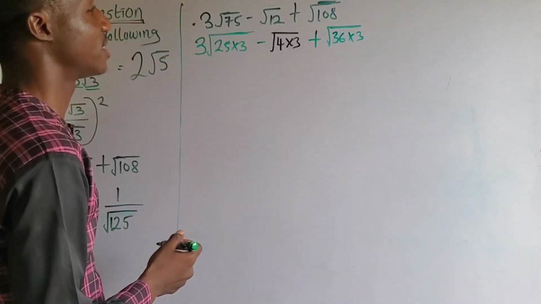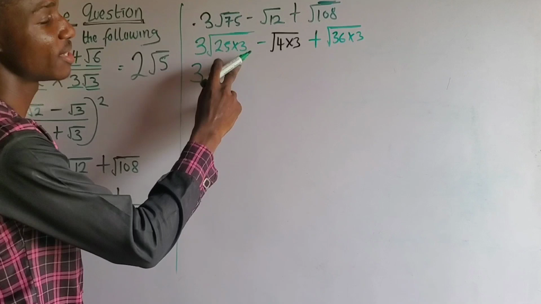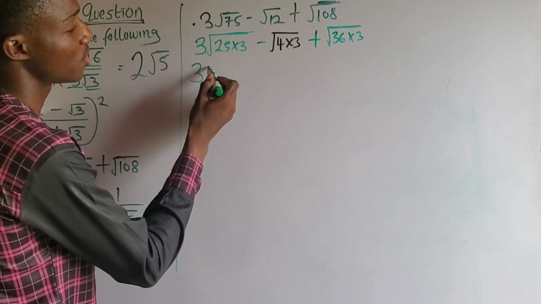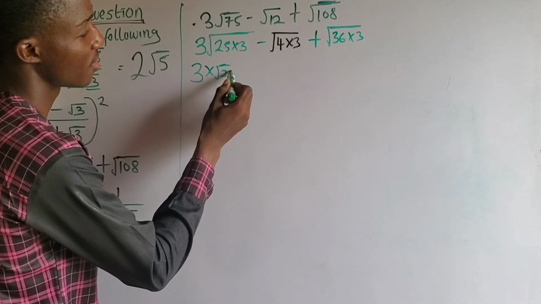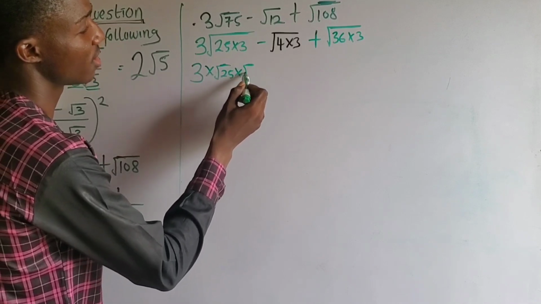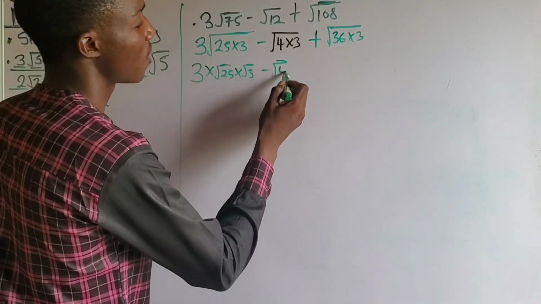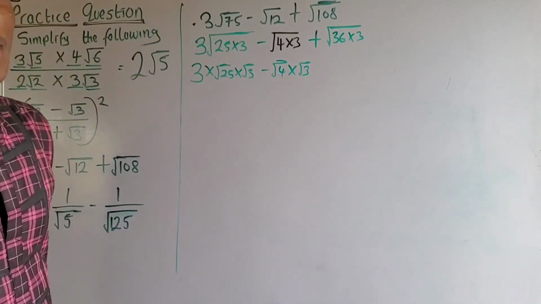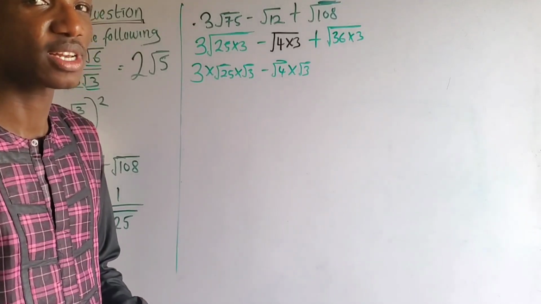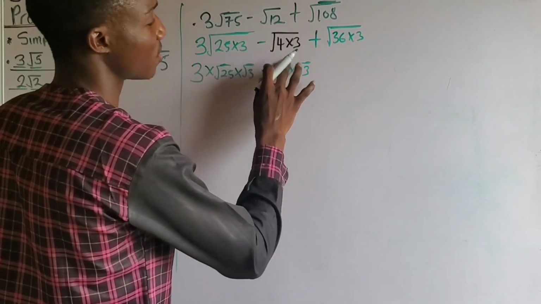Okay? Now, listen. Root 25 times 3 can be written as root 3 times root 25, minus, now root 4 times 3 can be written as root 4 multiplied by root 3. Don't forget the identity that I taught you in the first class on this topic, surds.